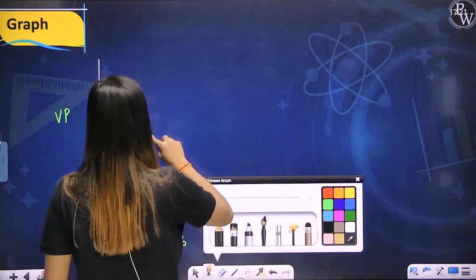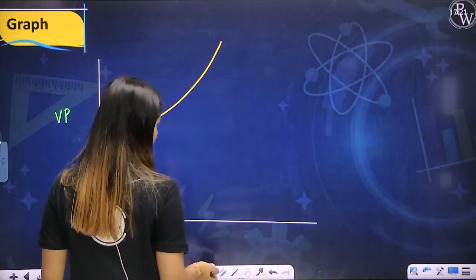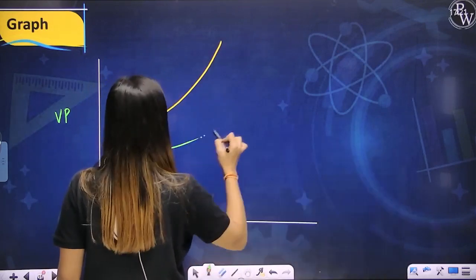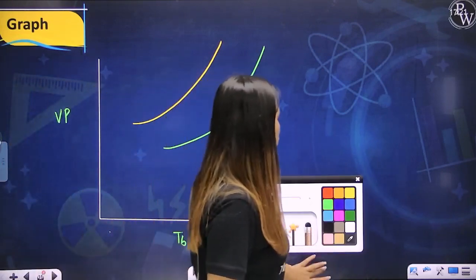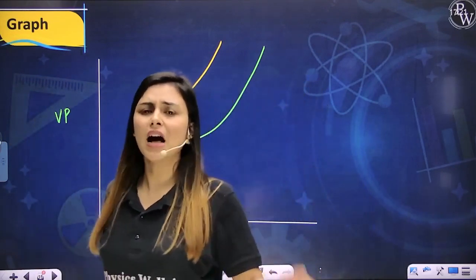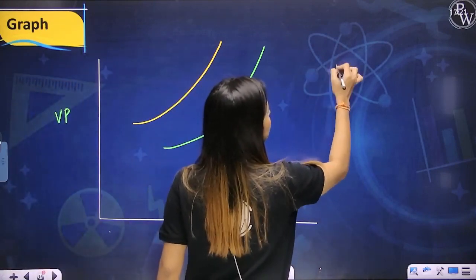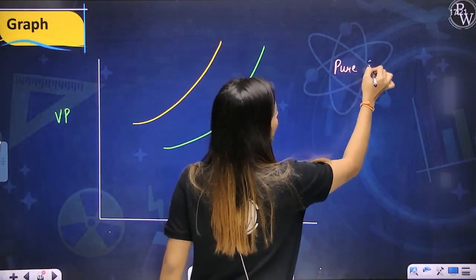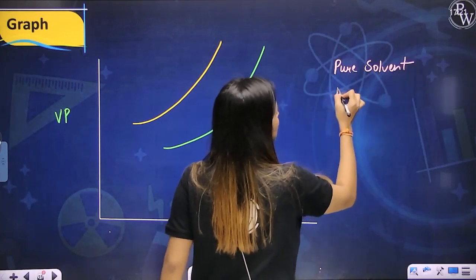You have one curve here, and you have the other curve here. My question to you is, out of these two, one is for the pure solvent, and one is for the solution.